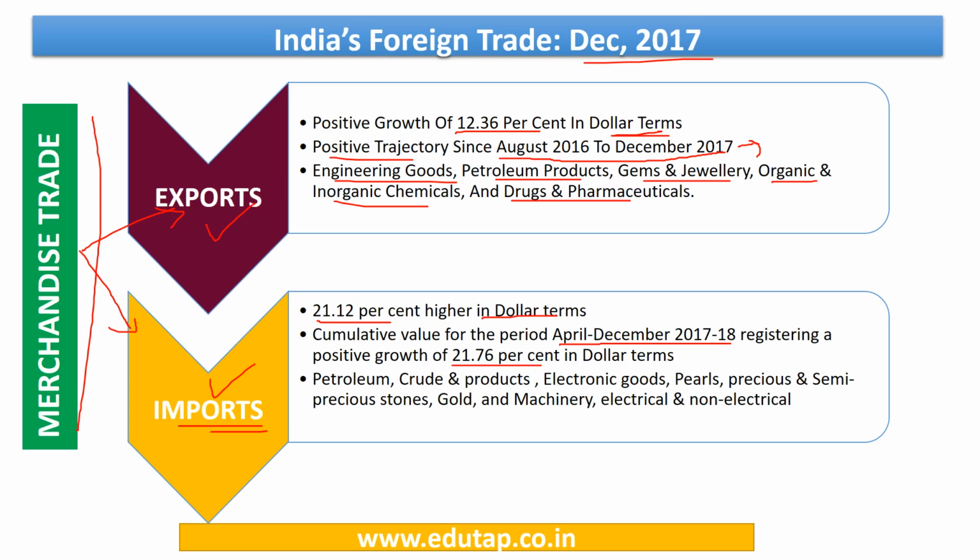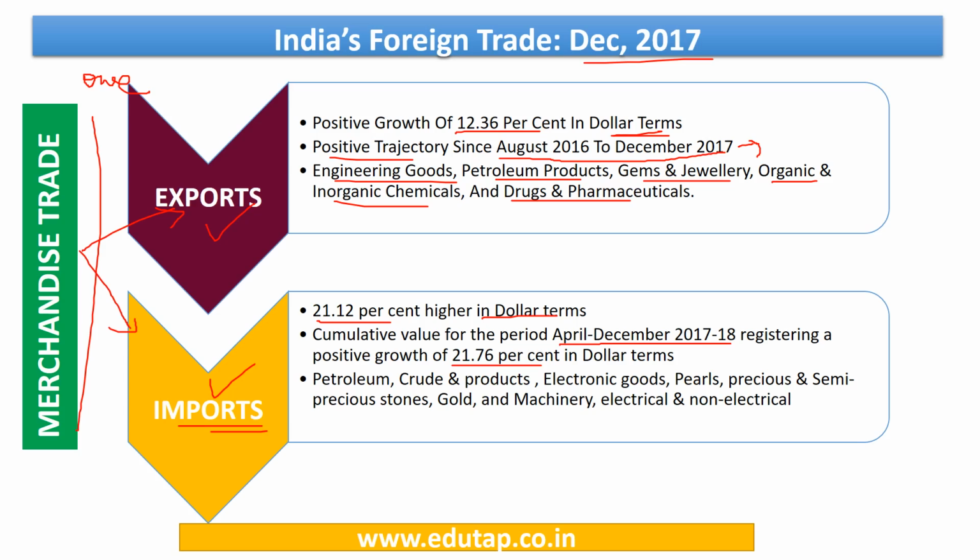Therefore, the net result of merchandise trade is that we owe to the rest of the world. We need to give this balance, the difference between exports minus imports, to the remaining world.